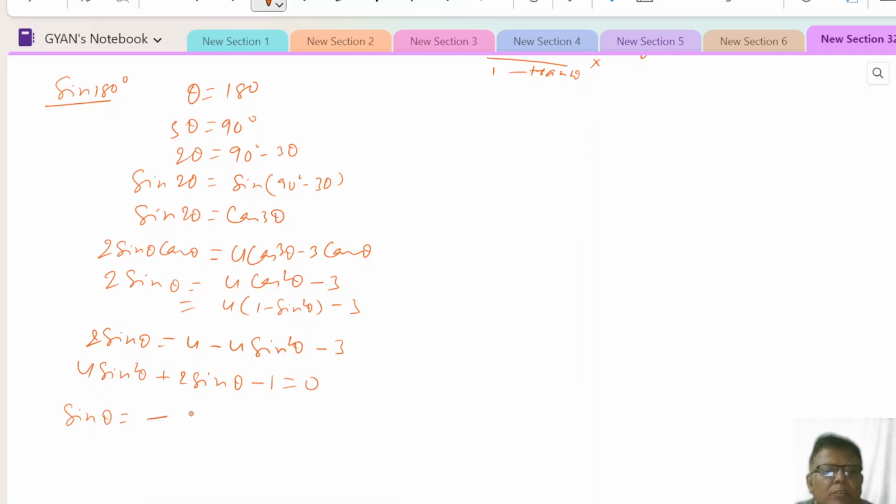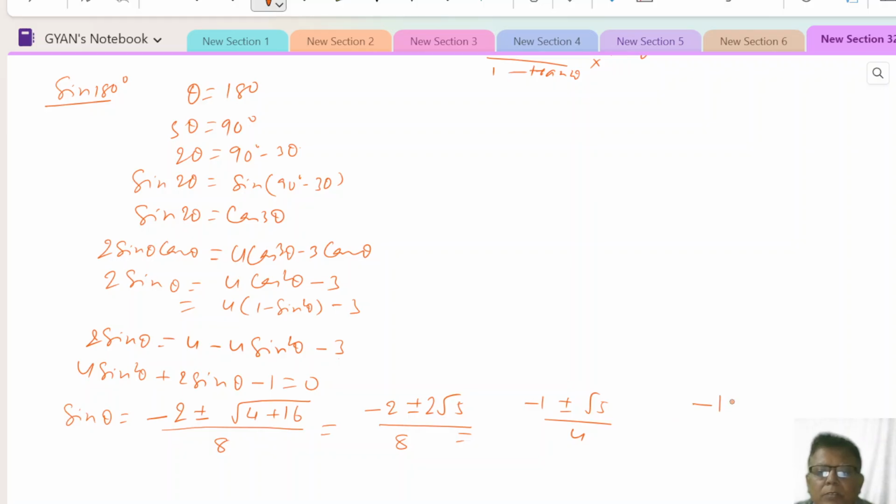Sine theta is equal to minus b plus minus root over b square, b square is 4 and plus 16, minus becomes plus, divided by 8. So that will be further minus 2 plus minus root over 20, and this will be 2 root 5, divided by 8, so that will be minus 1 plus minus root 5 by 4.